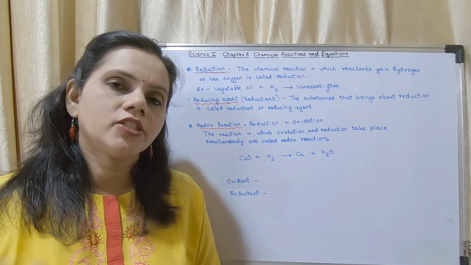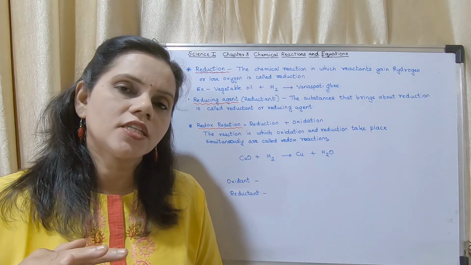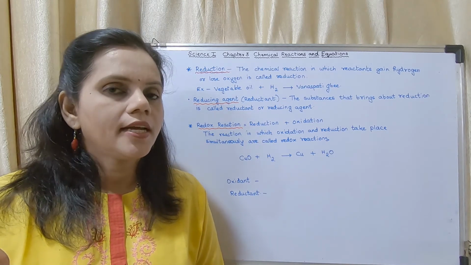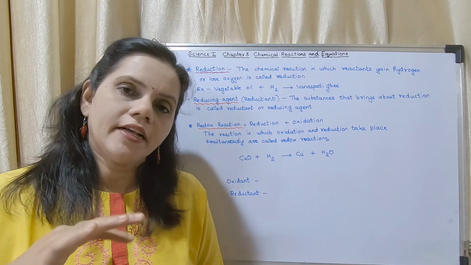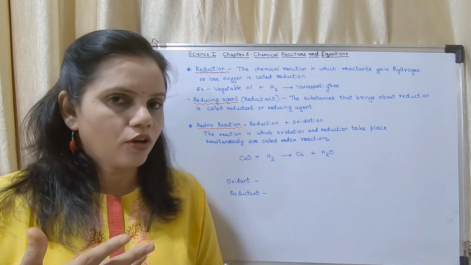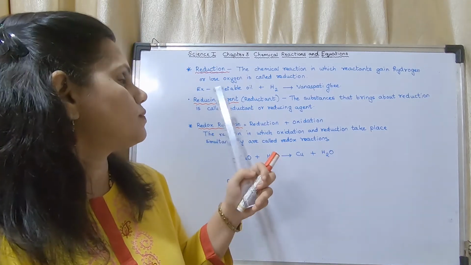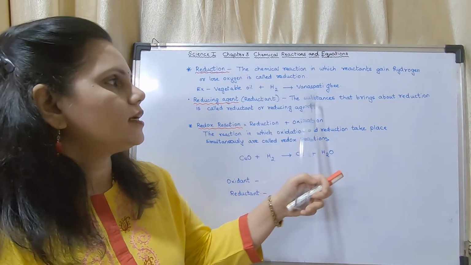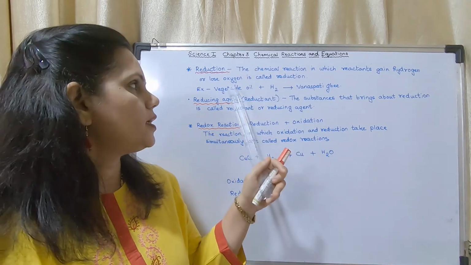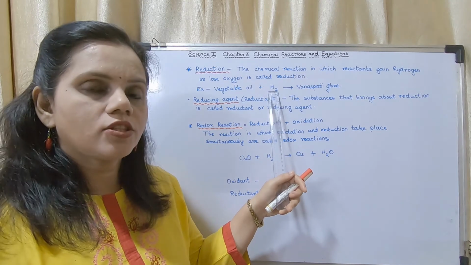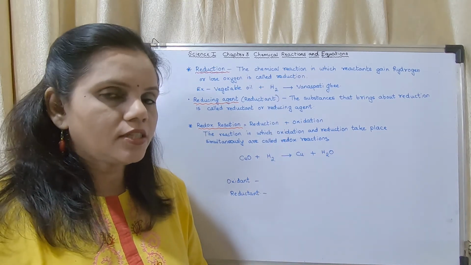So in oxidation there is gaining of oxygen, losing of hydrogen. In reduction there is gaining of hydrogen, losing of oxygen. Vegetable oil plus hydrogen gives vanaspati ghee. Here vegetable oil is gaining hydrogen, so it is a reduction reaction.